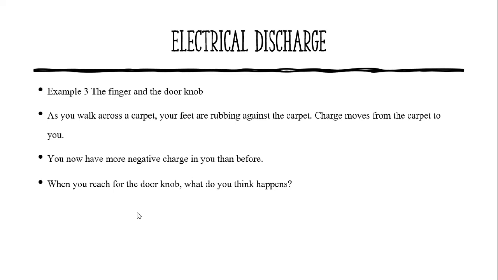As you walk across a carpet, your feet are rubbing against the carpet. If you notice here, it seems that we always need some kind of rubbing for us to get more charge in an object. Remember, most objects are neutral. That means the charges are canceling out each other.